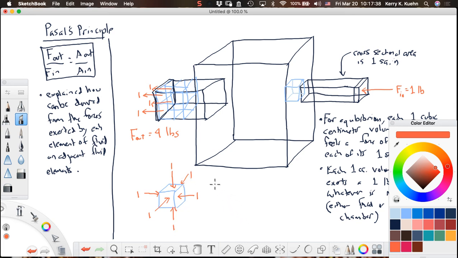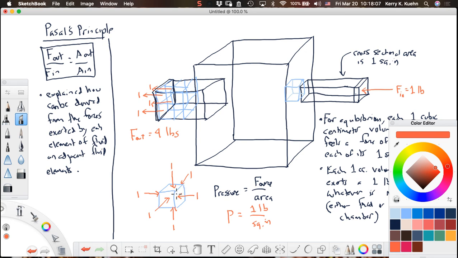And when that's the case, what we typically say is that the pressure this piece of fluid is under is equal to the force that is exerted on each area of this cube. So we would say that the pressure is equal to 1 pound per square inch.